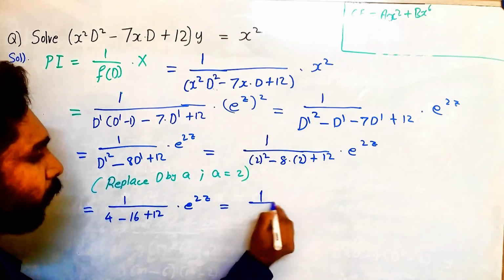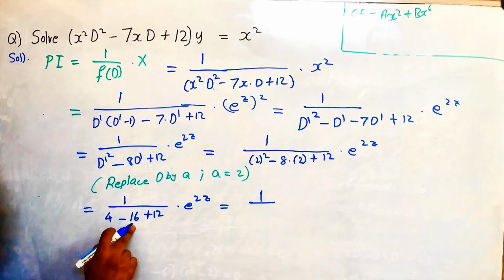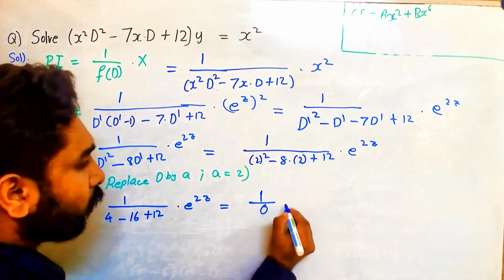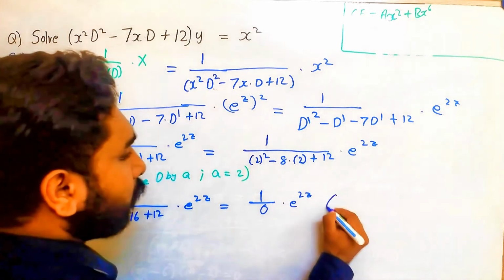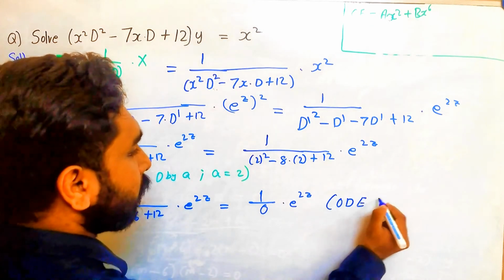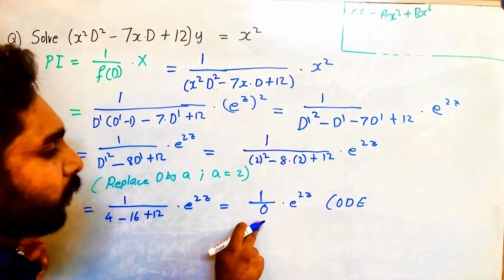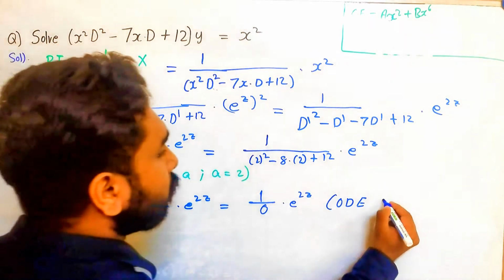That is equal to 1 by 12 plus 4 16, 16 minus 16 0, 1 by 0 into e to the power of 2z. Here what happens? ODE fails, because we got 1 by 0, which is infinite, so ODE fails here.